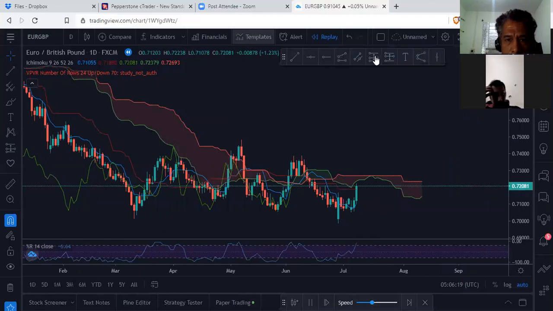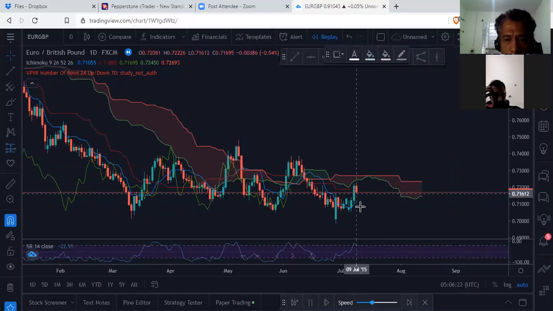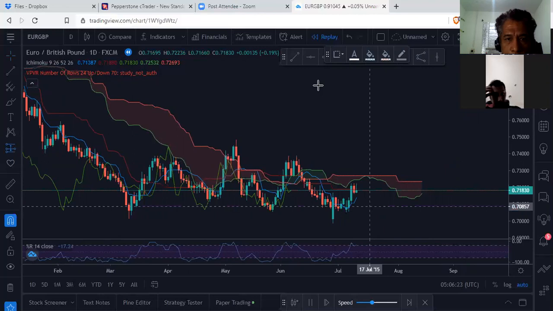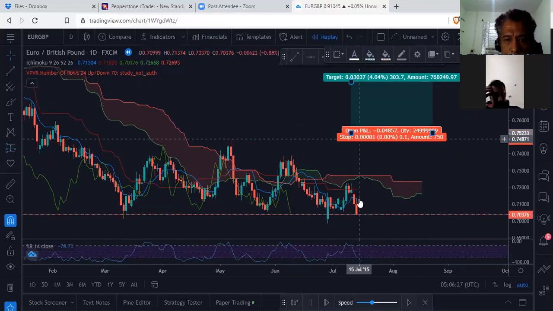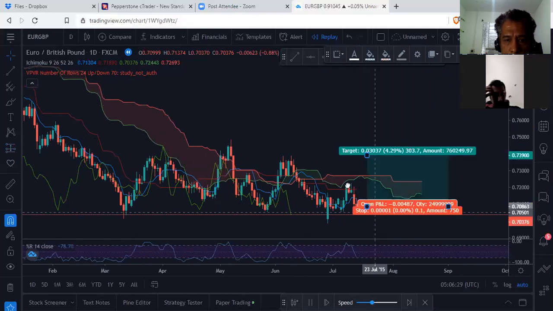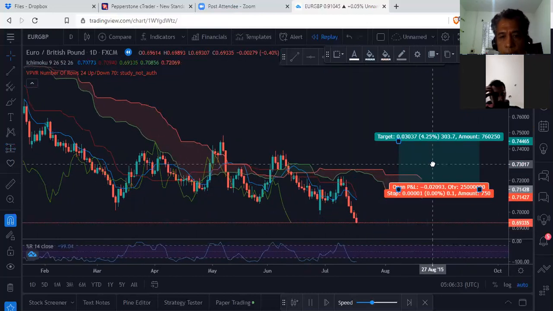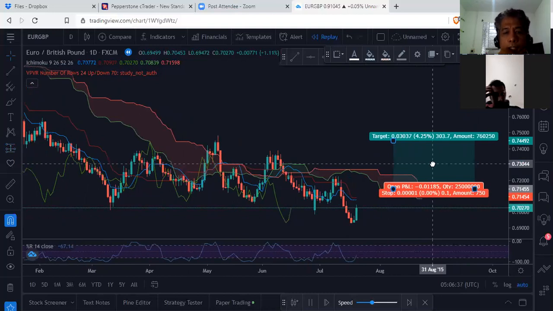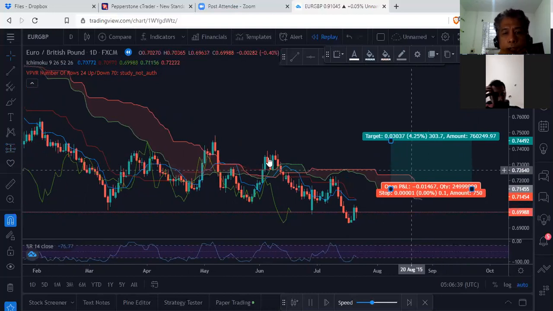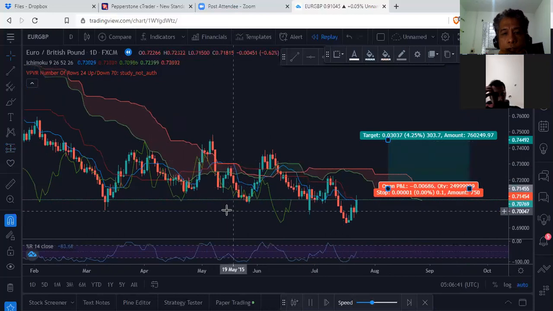Okay, then long entry. I have to wait for the market, or I have to put like... okay, still a strong market. Down. You can see here trend line 1 to 3, 1 to 3.